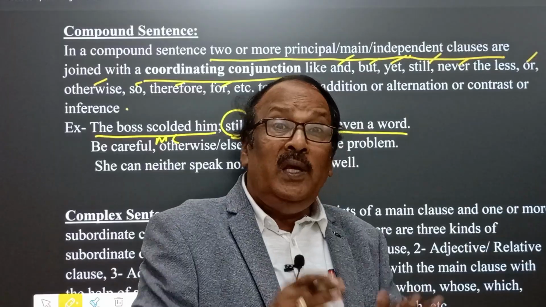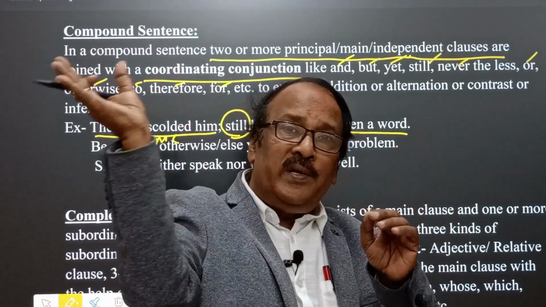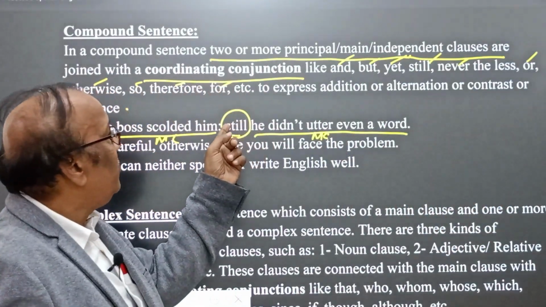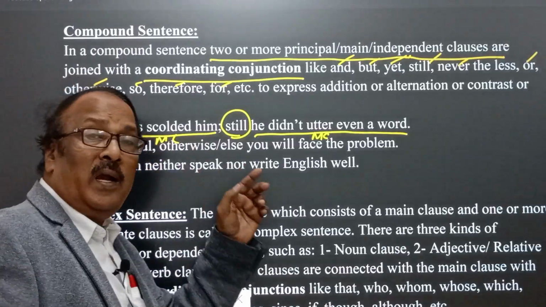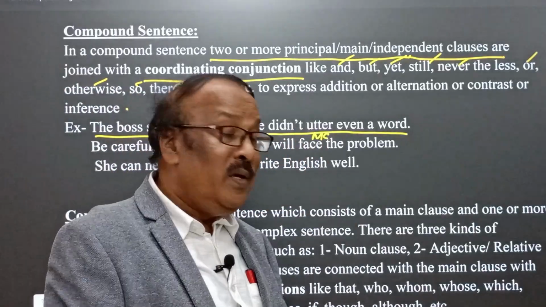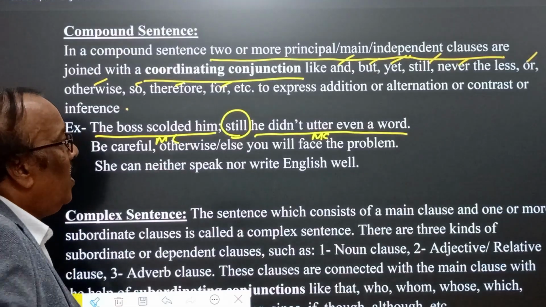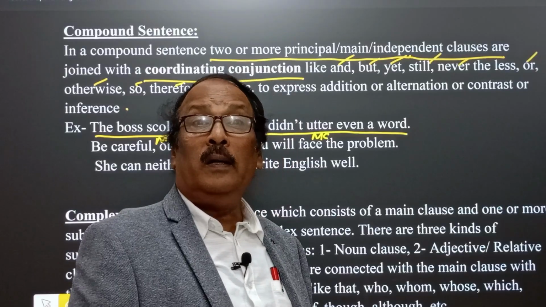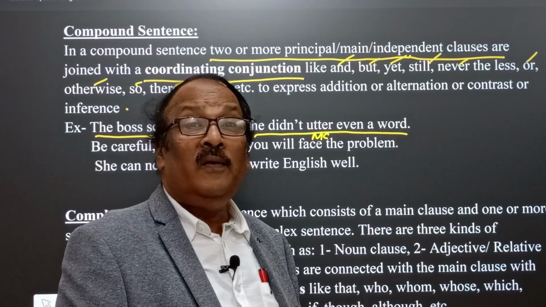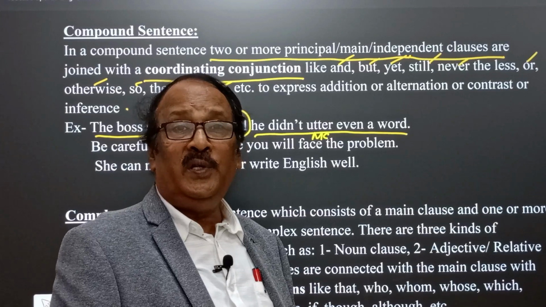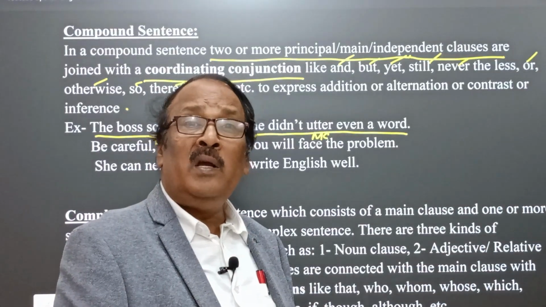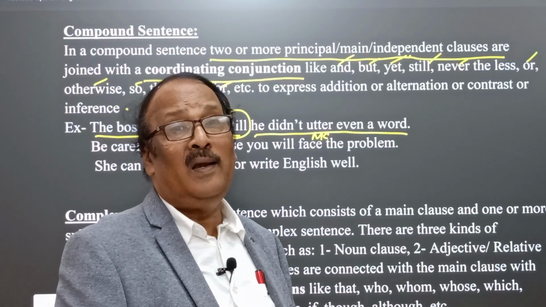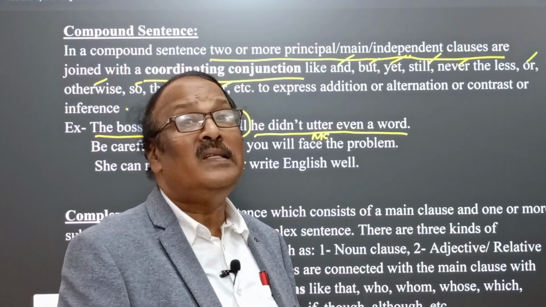If we omit the coordinating conjunction, we can find two main clauses: the boss scolded him, still he didn't utter even a word. It means he is very obedient and sincere. No doubt he has committed a mistake, and whenever the boss scolded him, he remained silent without uttering even a single word.